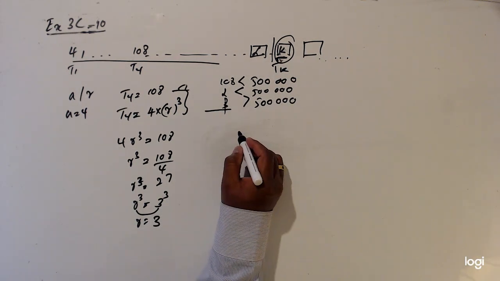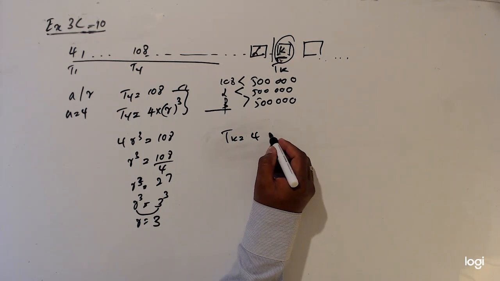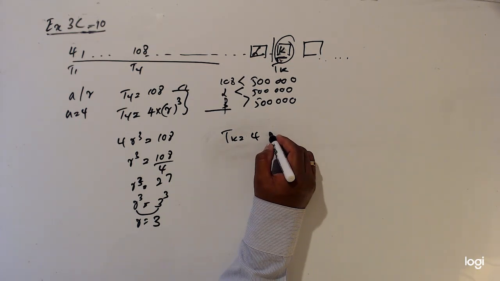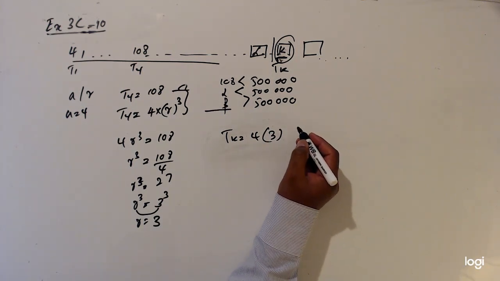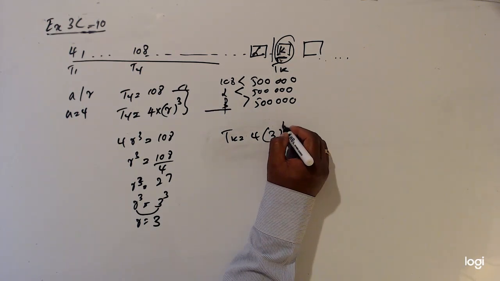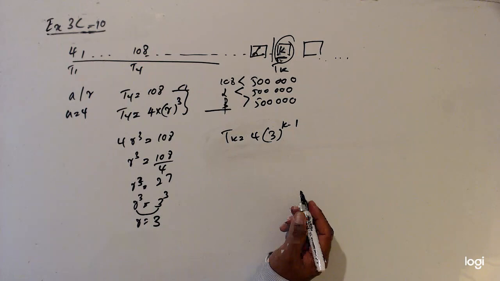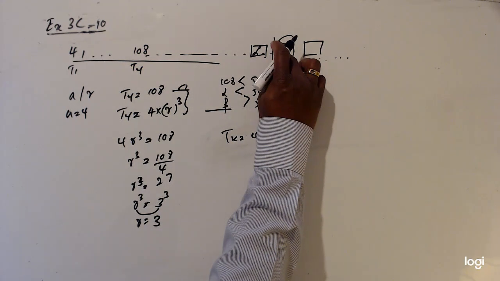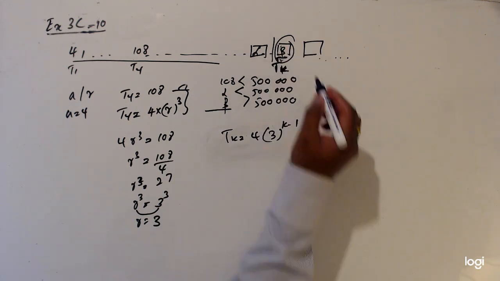So tk we can write as first term 4 times the common ratio 3 to the power k minus 1. Actually we are talking about the kth term, so this is k. We can call this value beta, the kth term.